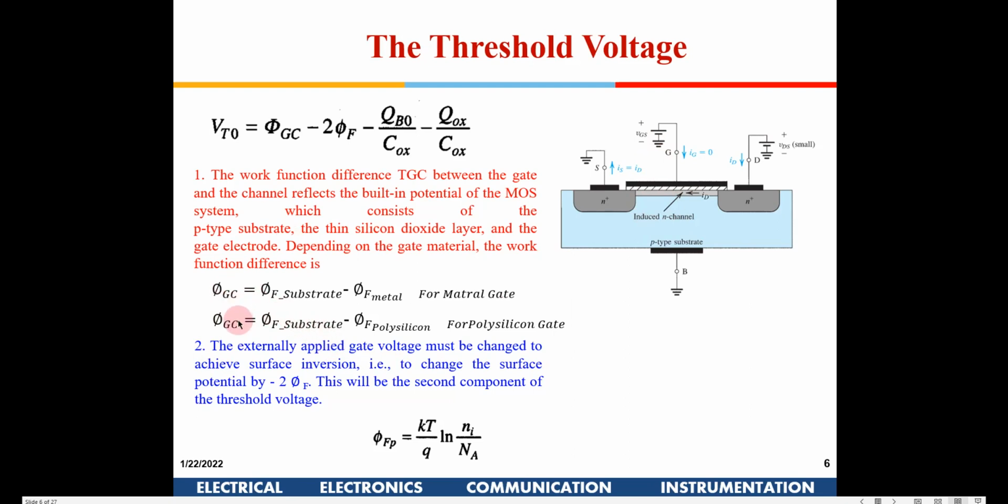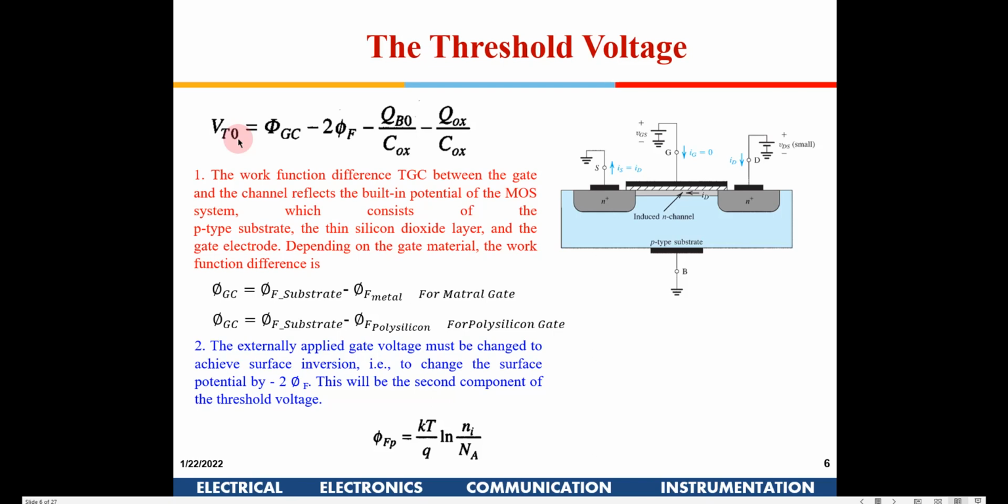Now if you see here, different kinds of metals can result in different VT. That is the reason why, initially, we had a long channel device with a polysilicon gate, but now as we are scaling down the technology, going to 45 nanometer, the VT has to be lower than what it was in 180 nanometer technology, right?